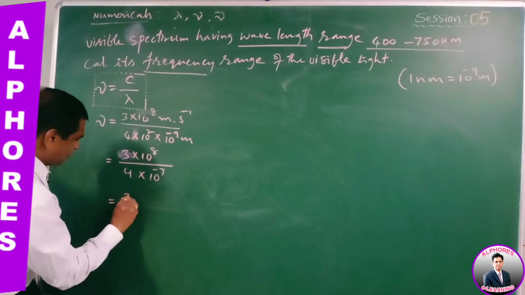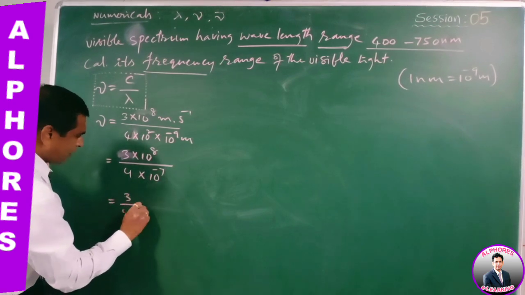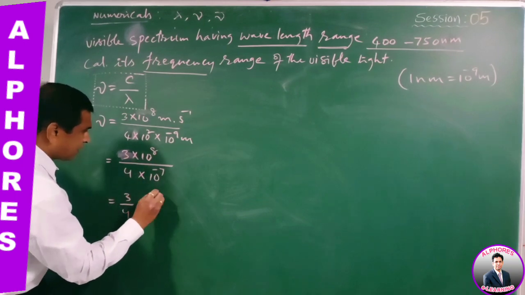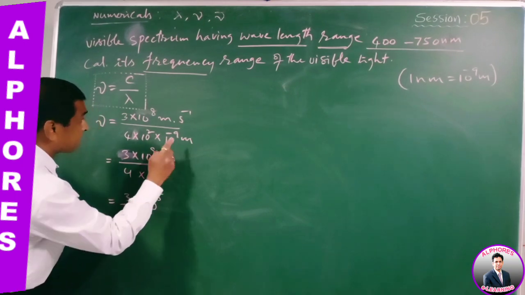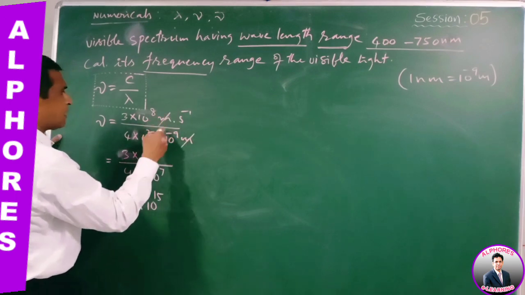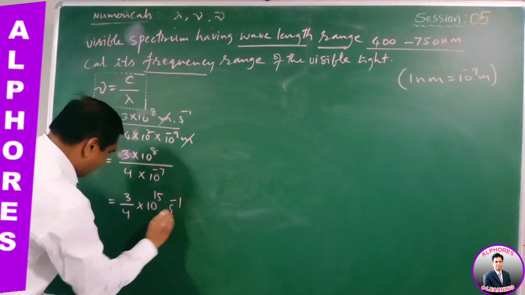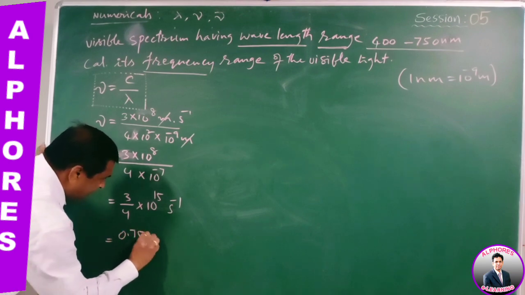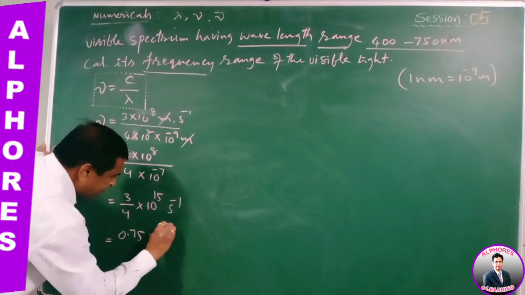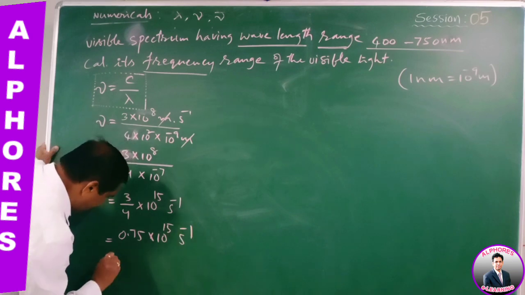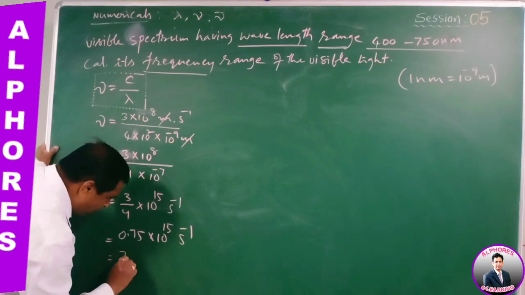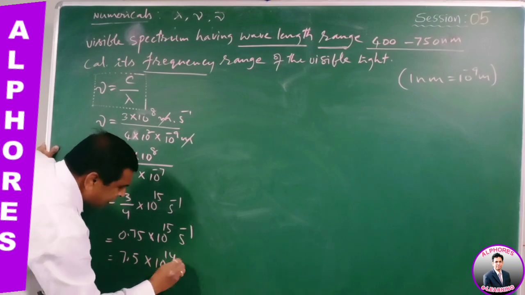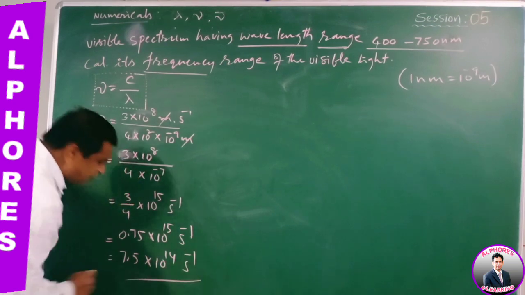This is 3 by 4 into 10 to the power 15 per second, that is 0.75 into 10 to the power 15 per second, or 7.5 into 10 to the power 14 second inverse.